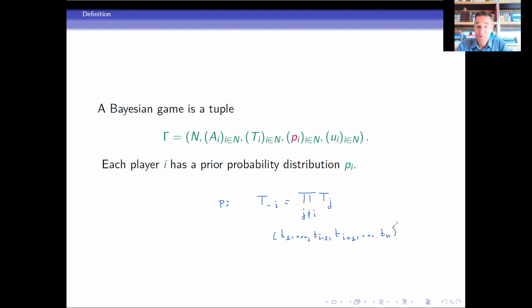So Ti is skipped, and you have a vector of types for the other ones, and each such realization has a certain probability according to player i, and all those probabilities are recorded in Pi.